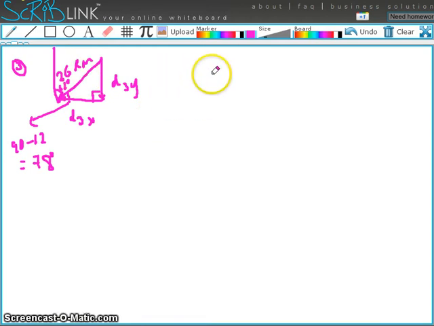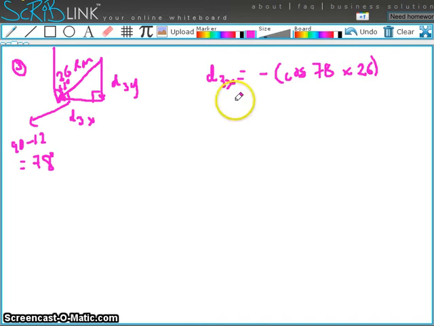So let's solve for d3x very simply. Now don't forget, it's going to the left, so negative cos 78 times 26, and this gives me negative 5.4.